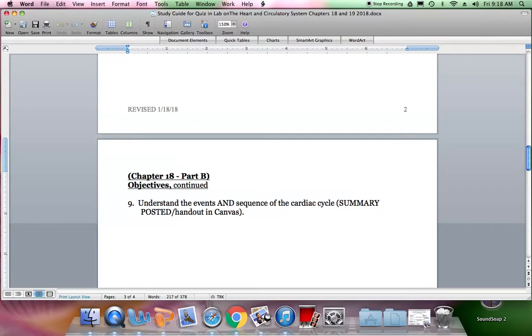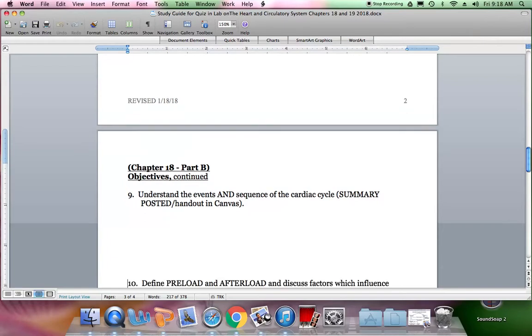It goes through all of the events going on throughout one complete cardiac cycle, meaning when the atria are depolarized and then contract, and then the ventricles are depolarized and they contract. Ultimately, when the ventricles contract, they squeeze out the blood, and that's the whole point of the heart as a pump.